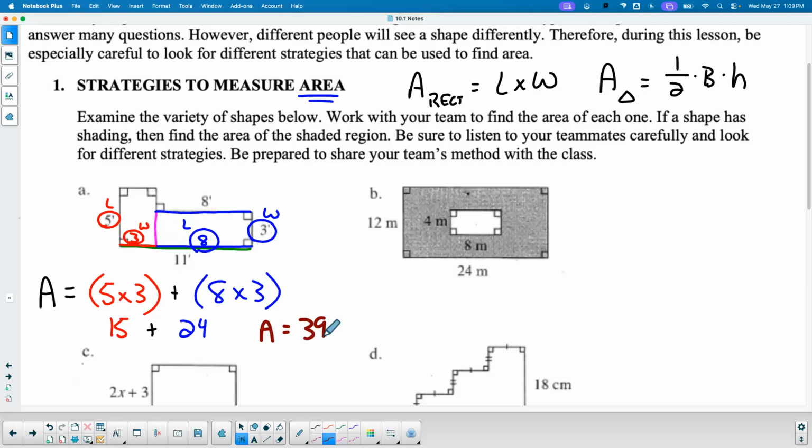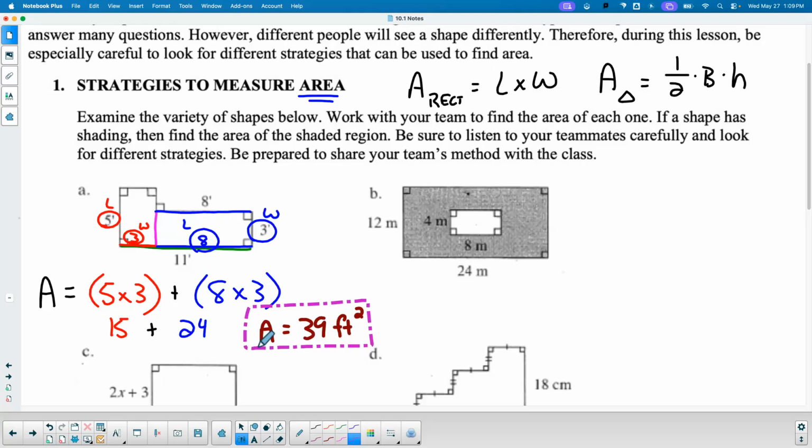So this would be in square feet, because area has a squared label because we're multiplying. Is the label important? Yes. If there's a label in your problem, there needs to be a label in your answer.